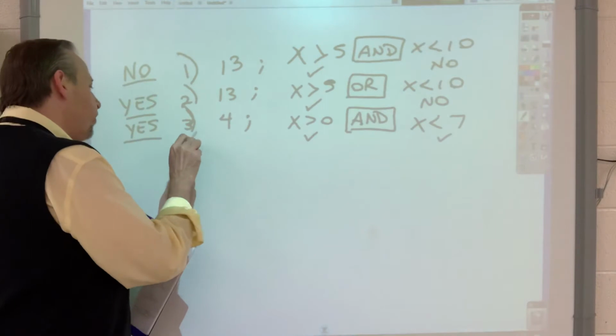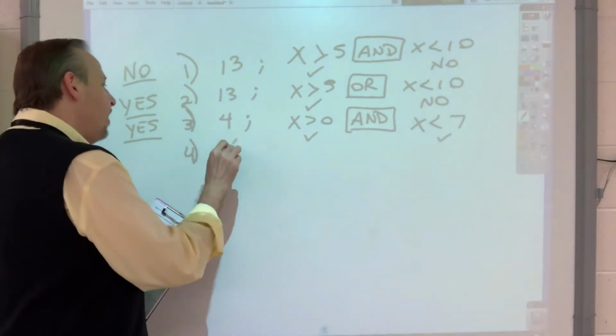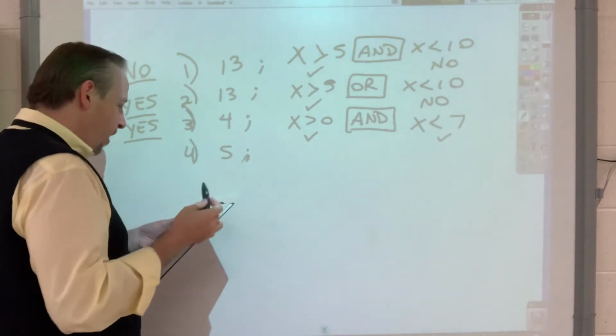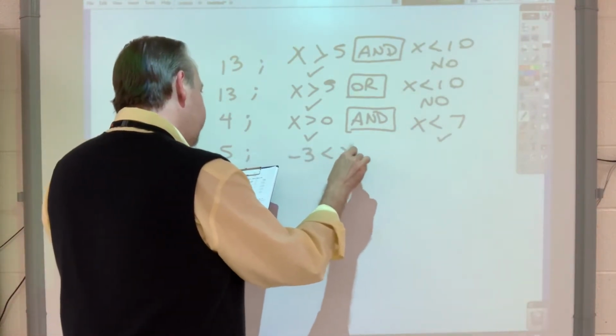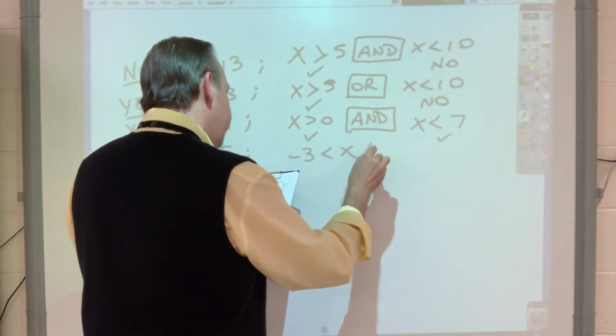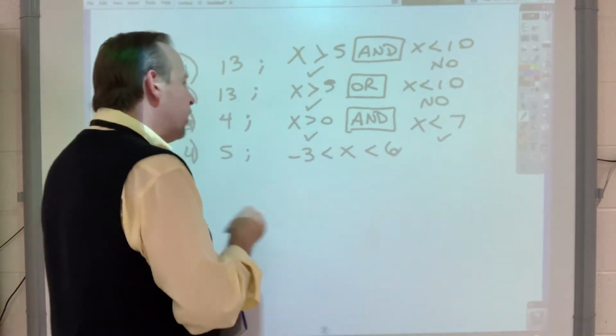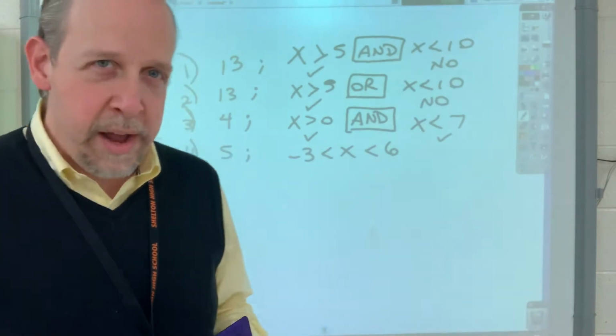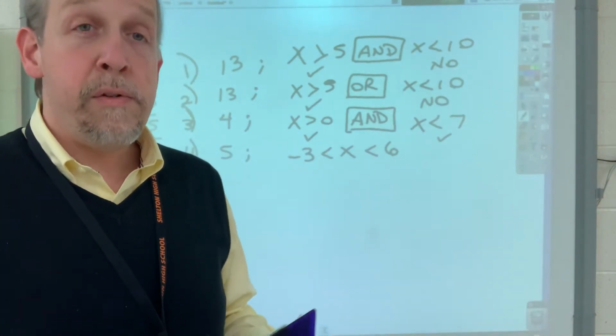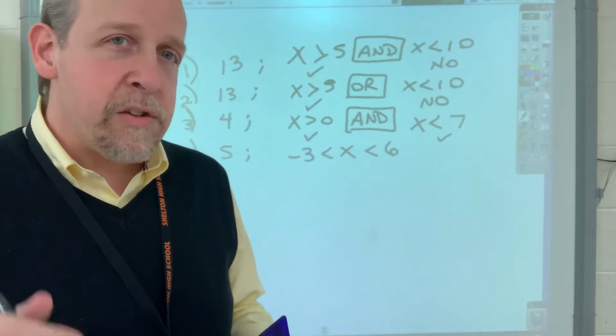Number 4, think of the number 5 and tell me if it is, well, this time they used a different notation system, but we've talked about this before. When you're looking at the notation where x is between two values, it's an intersection problem.